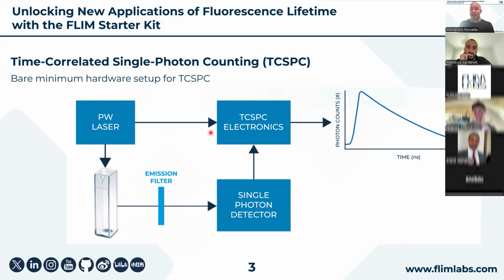Then we need a third element, which is our TCSPC electronics, our data acquisition electronics. And we can also add a virtual fourth element, which is a computer capable of reconstructing the decay profile of our fluorescence signal.